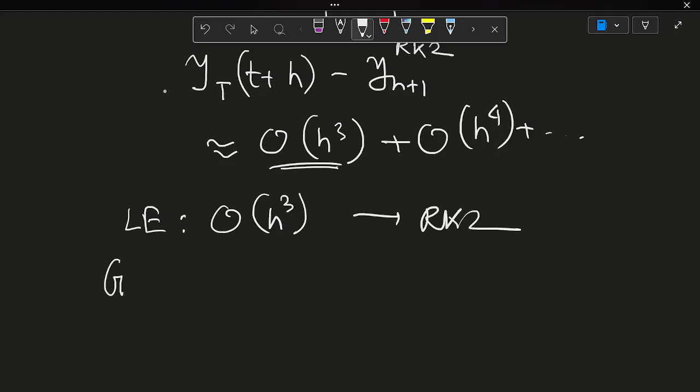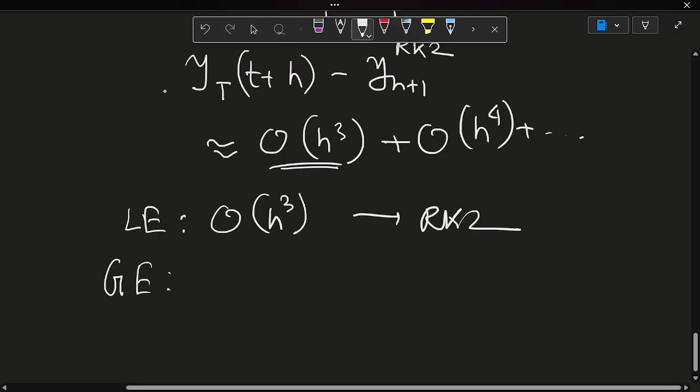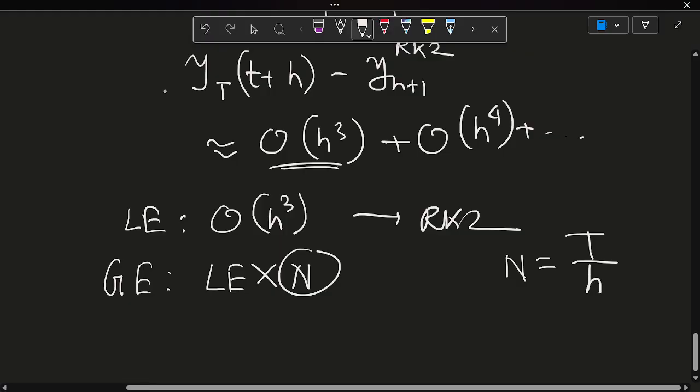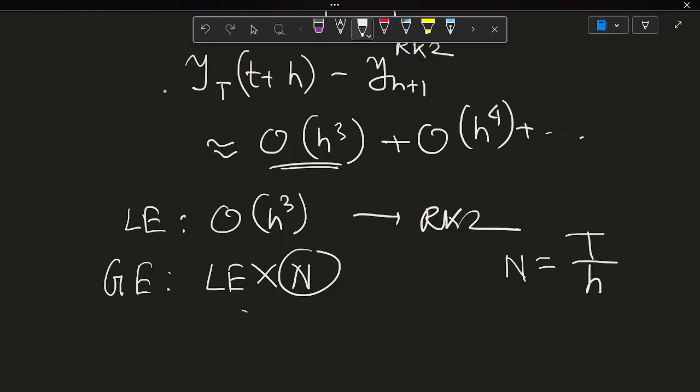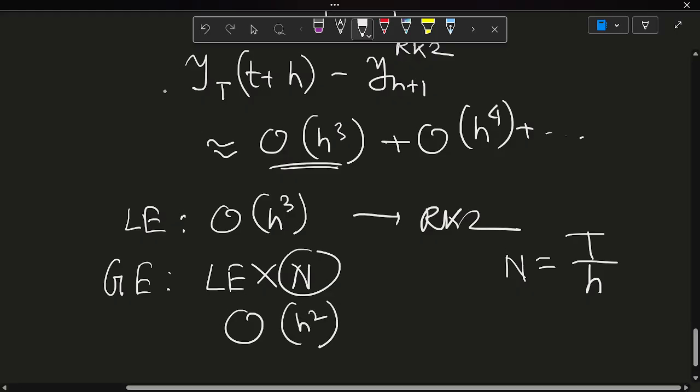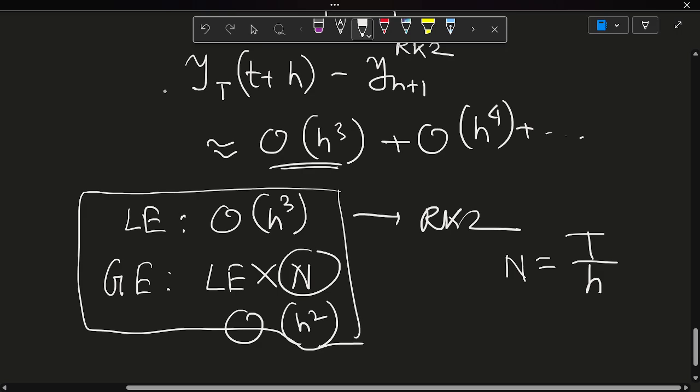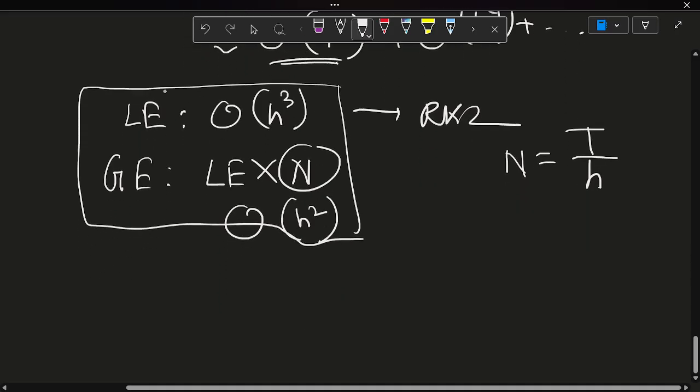If you want to calculate the global error, it is the local error multiplied by the total number of time steps, and this is total time divided by h, so it will be of order h square. So in the case of RK2, the global error is order h square and the local error is order h cube.